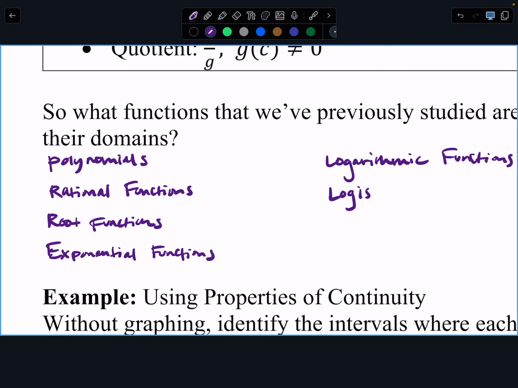Remember those? Those were fun. Okay. Trig functions, and their inverses, so the inverse trig functions.